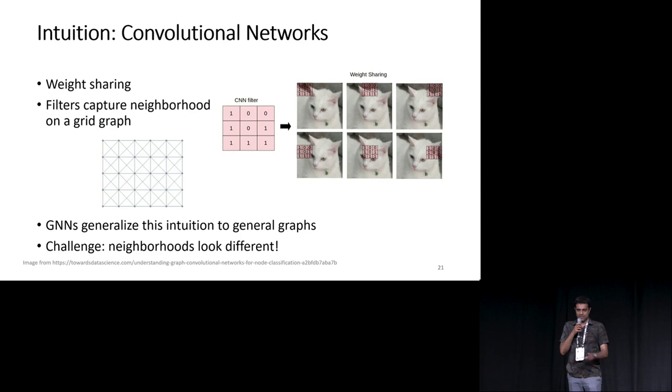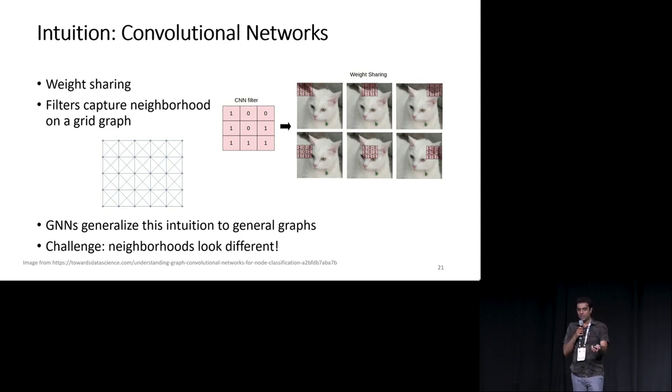Okay, so let's go back to this convolutional network intuition that I told you to hold on to. The idea is you have some kind of filter that lets you aggregate information from a neighborhood, and this is done using weight sharing in this parameter efficient way. That is, the filter size does not depend on the overall graph size. So GNNs essentially generalize this intuition to general graphs.